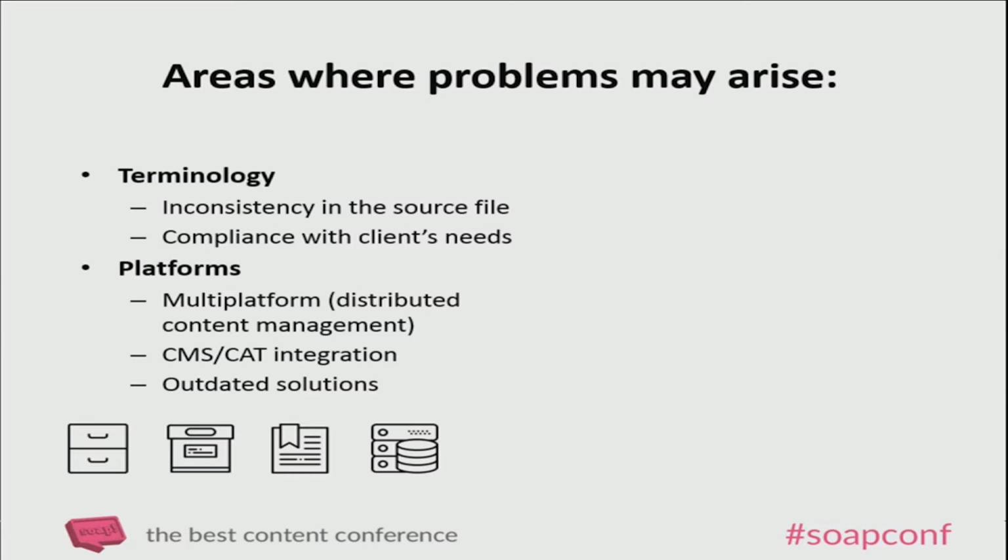Another issue is platforms. There's an issue of distributed content management, how to integrate CMS and CAT tool. CAT is a tool that we use, it's computer-assisted translation. Every agency uses it, although I met some that don't. It's really an outdated solution not to use a CAT tool at all.